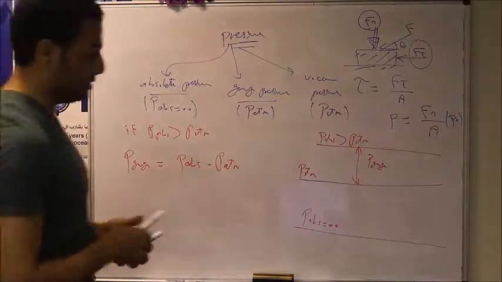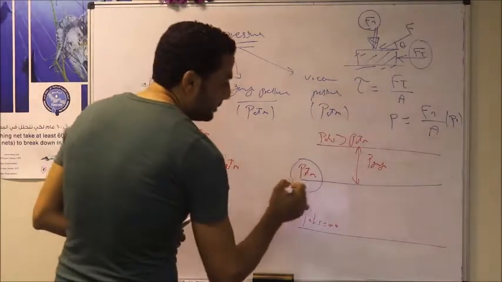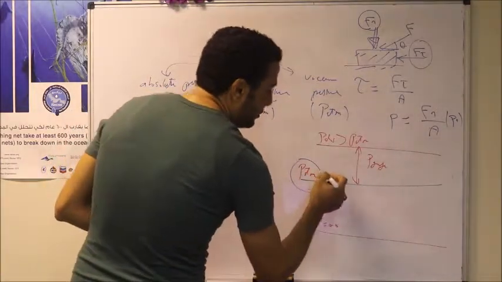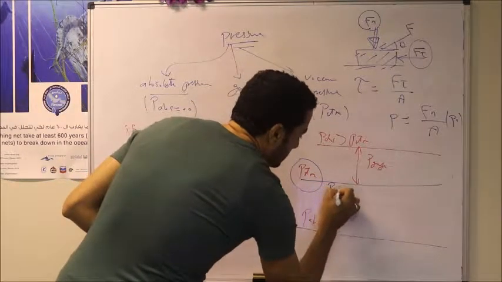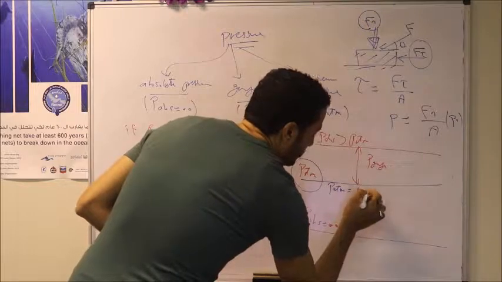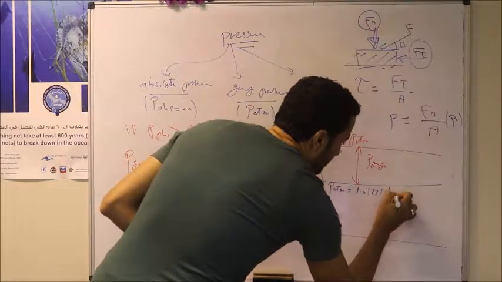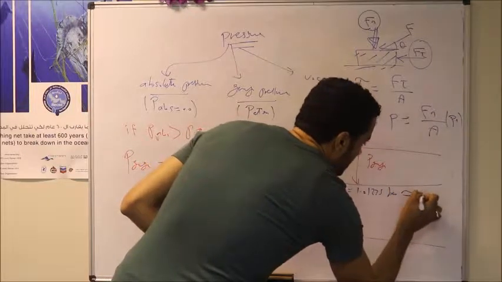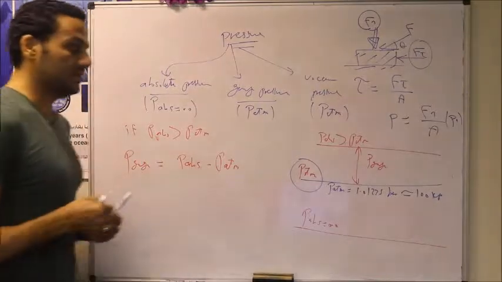Usually the atmospheric pressure, let's have an indication about this value, is almost 1 bar or 1 atmosphere, equal to around 1.01325 bar, which is almost around 100 kilopascal. So you have to keep this value in mind.